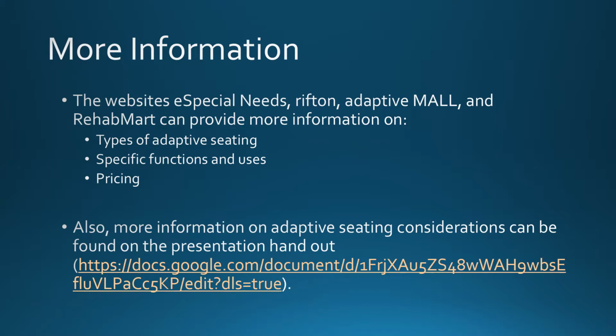In fact, a lot of the different pictures that I got for this presentation came directly from there, as well as the prices of the specific devices that I talked about in an earlier slide. Also, more information on adaptive seating considerations can be found on the presentation handout, which I have a link for you here.